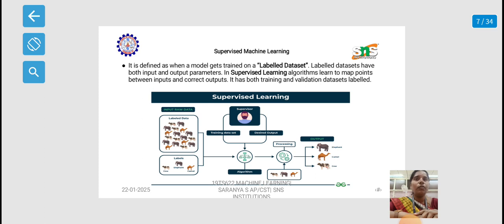If the shape of the object is long, curving, cylindrical, and green or yellow in color, then it will be labeled as banana.